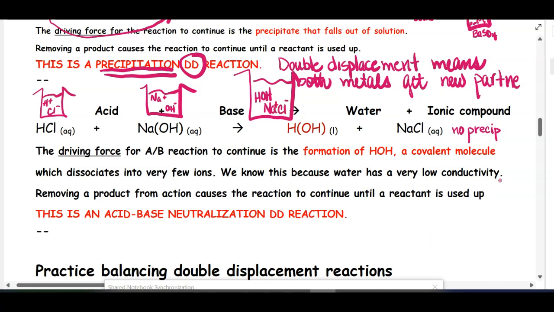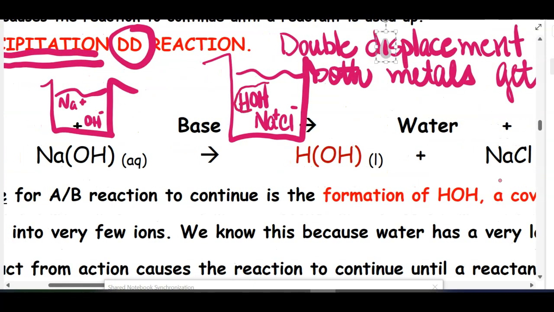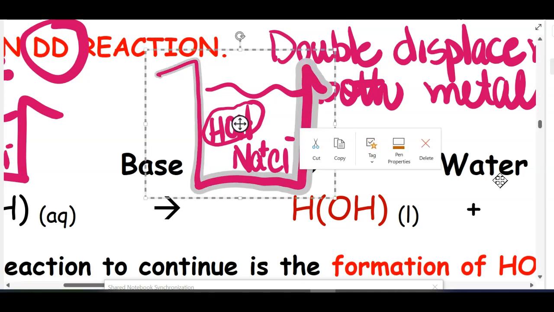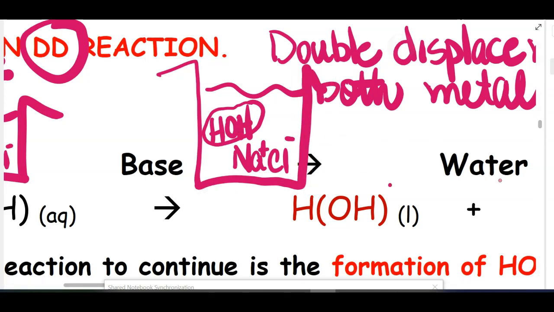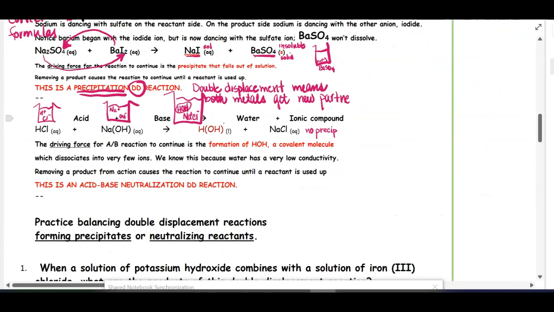Water is a covalent molecule, so let's draw something around it to indicate there's no way that's going to ionize. Water sticks together in water. So when it forms, since it's covalent, it stays there. That means the reaction keeps happening because water is being removed from the solution.